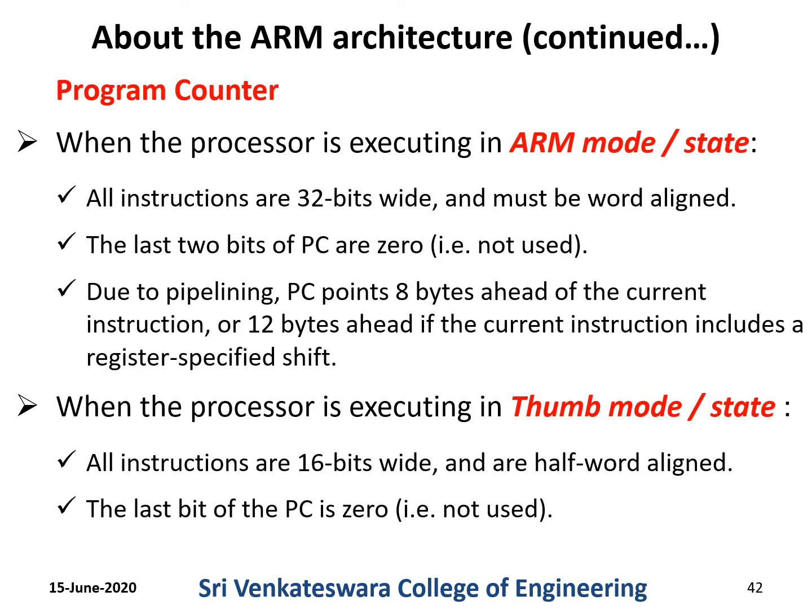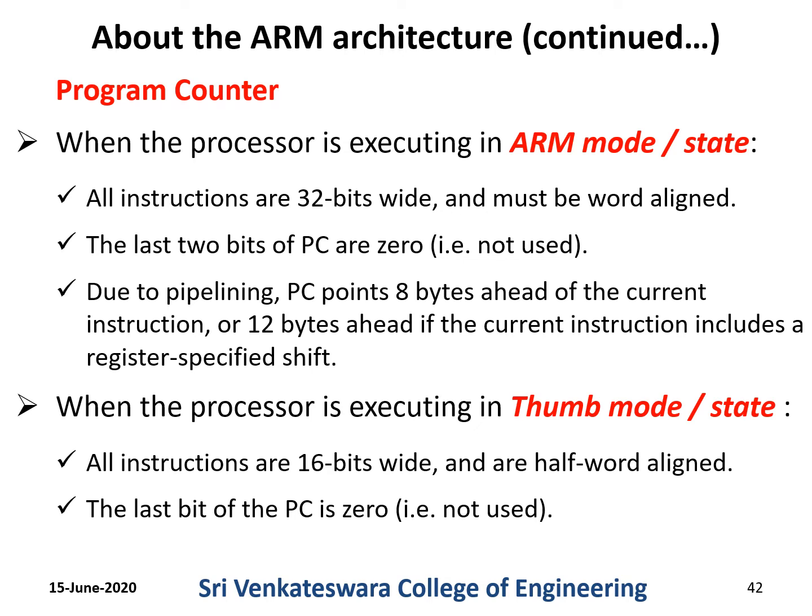Next we'll see how the ARM processor switches between the ARM mode of operation or thumb mode of operation depending upon the program counter content. We know that program counter is the R15 register in the register bank. It is 32 bits in size.